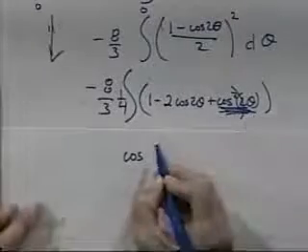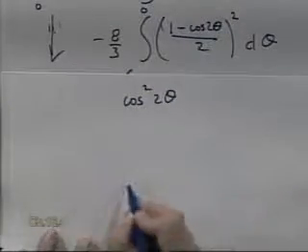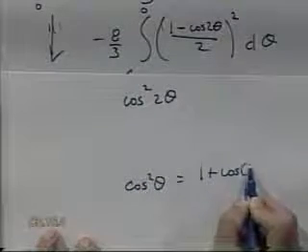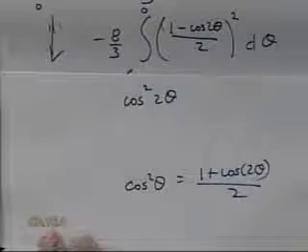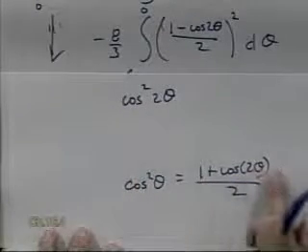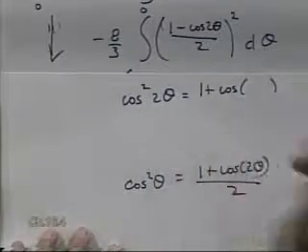You're going to have to look at this guy right here, cosine squared 2 theta, and you'll say to yourself, wait a minute, Mrs. Strocko, I know cosine squared theta is 1 plus cosine 2 theta over 2. If you have cosine squared of an angle, all you have to do in this formula is double the angle. So you would replace it with 1 plus cosine, yes?